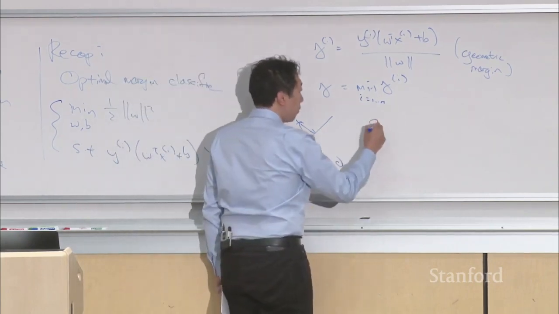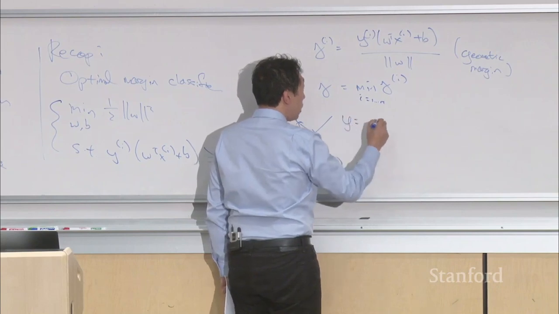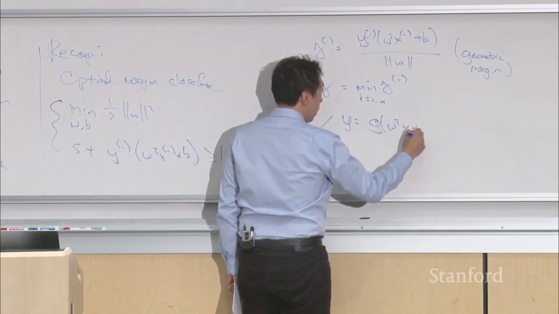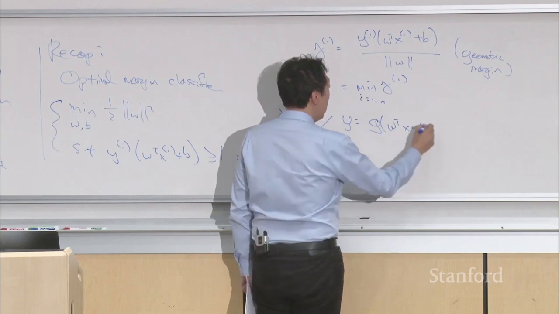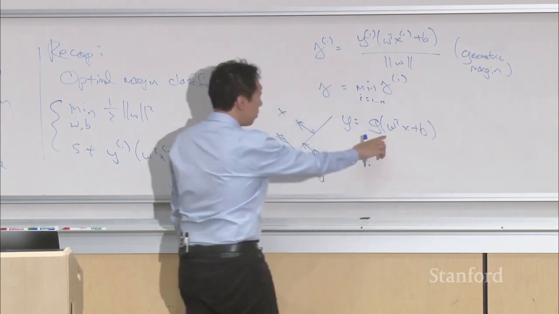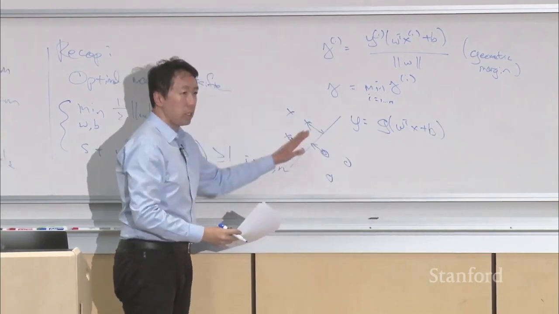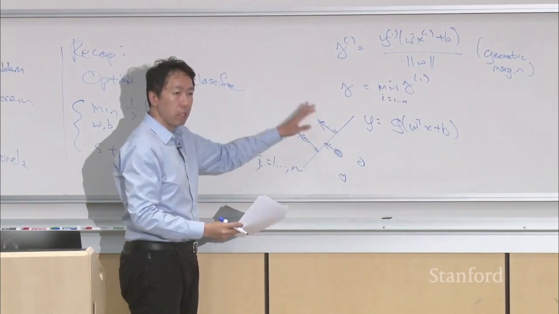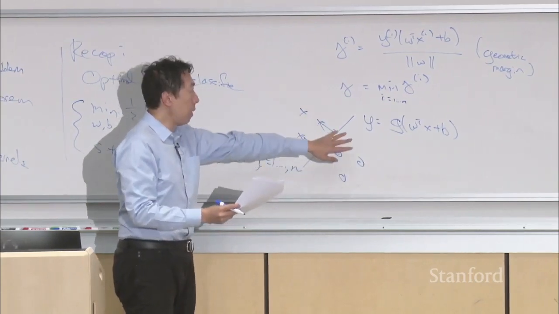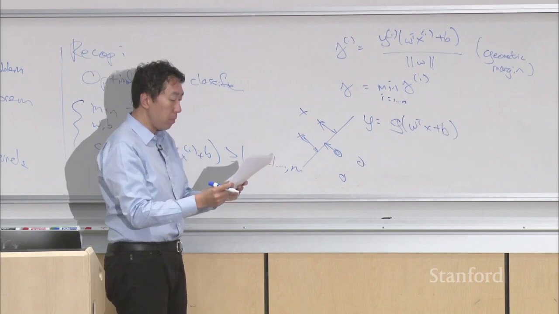And so again, as a recap, your classifier will output g equals W transpose X plus B. You want to find parameters W and B that define the decision boundary, where your classification switches from positive to negative, that maximizes the geometric margin.